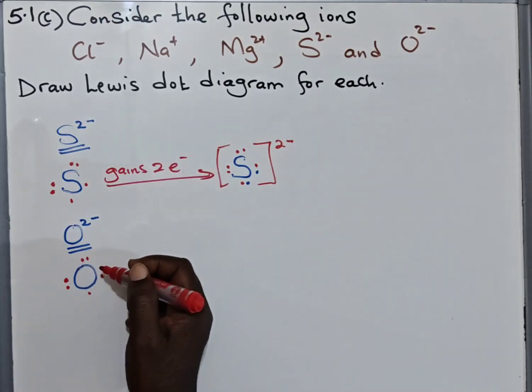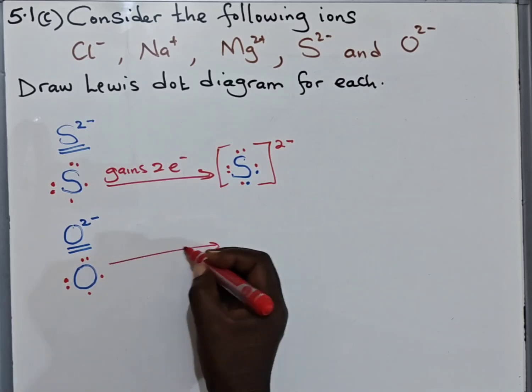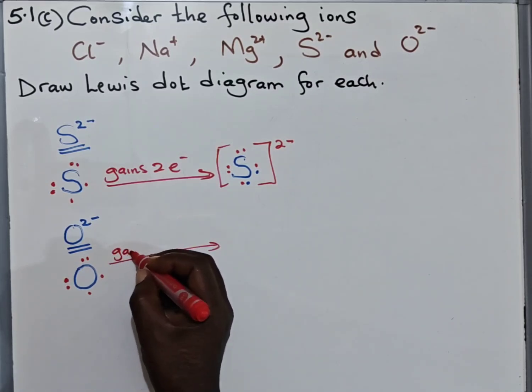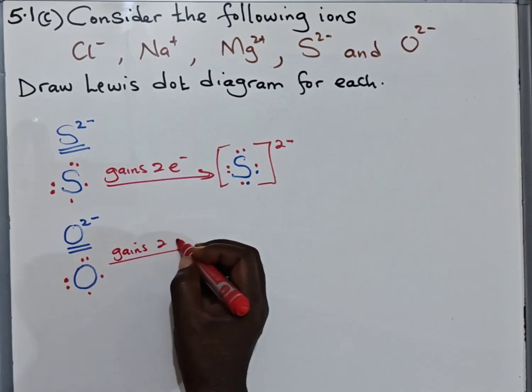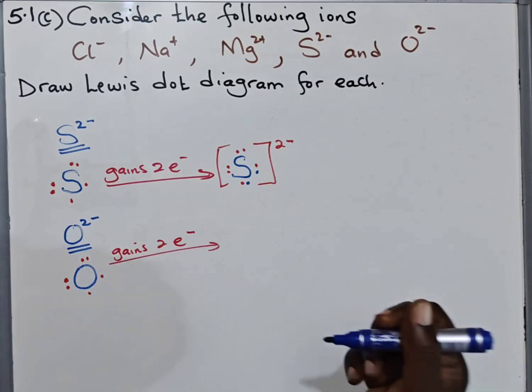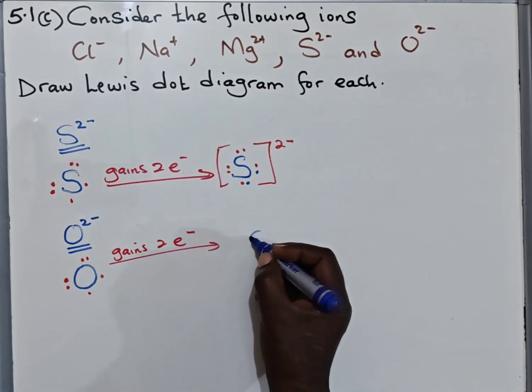So the best alternative is to gain the 2 electrons. So it gains 2 electrons. And after gaining 2 electrons, this is what you have.